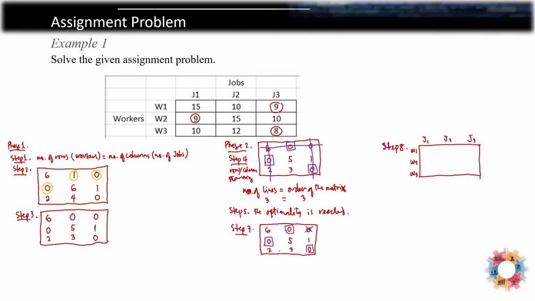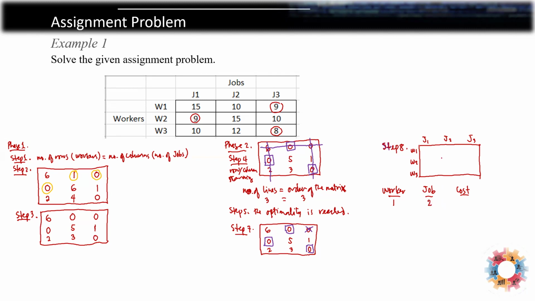So the zero here is squared. That means that if this is your worker number and job, then we have the cost. Worker 1 is assigned to, as shown by the table in step number 7, job 2, right?